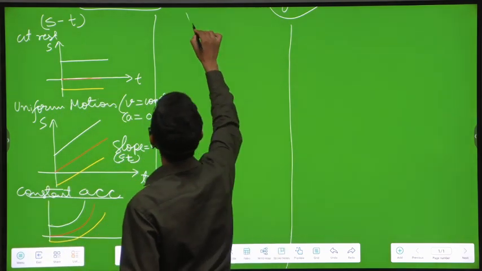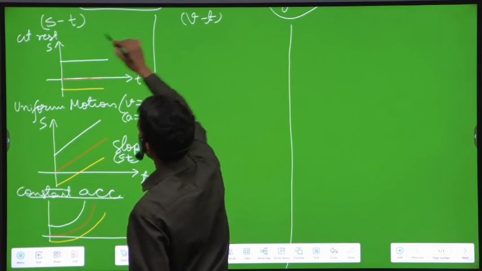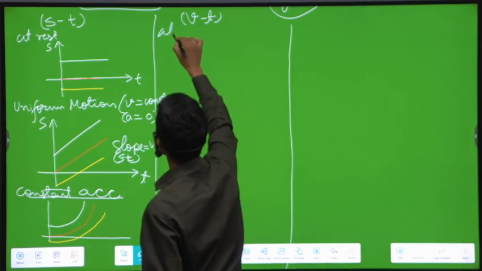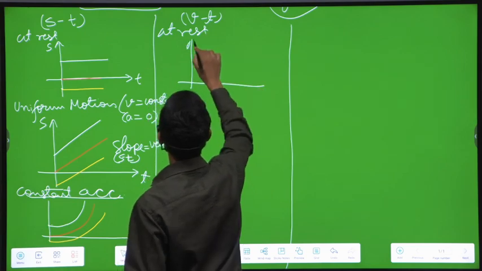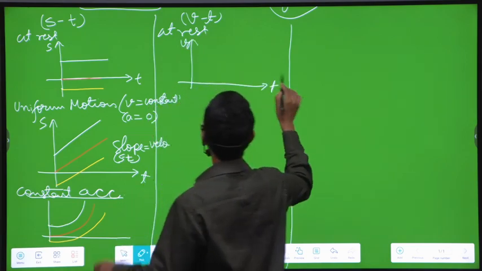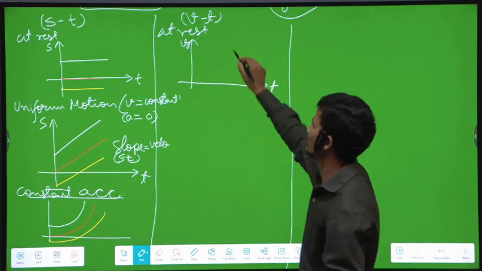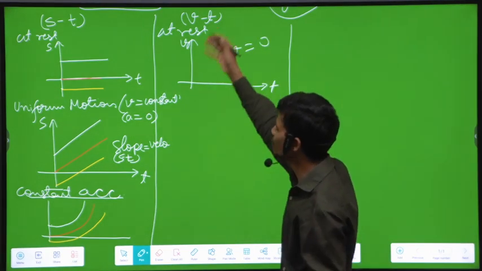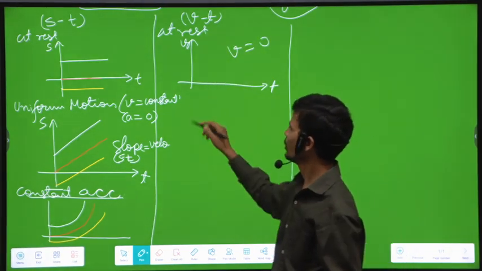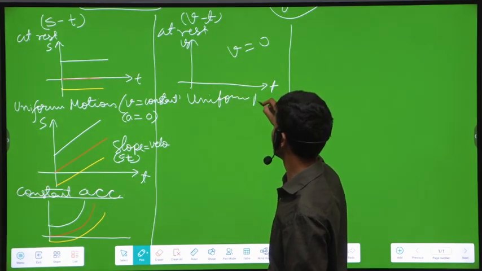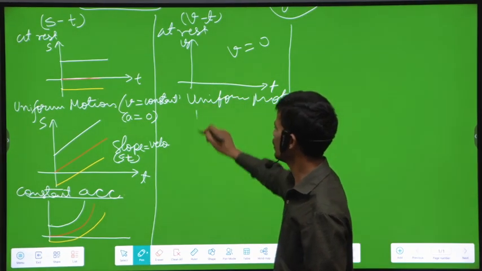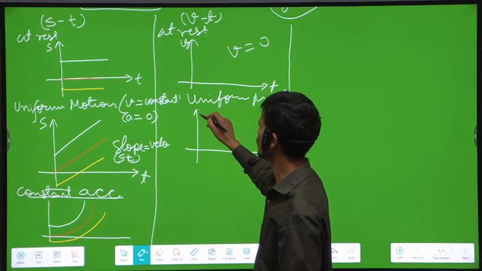Next, there is the VT graph. So for the VT graph at rest, it is an empty graph. There can be nothing because there is no velocity. Velocity is zero. What can we mark here? But if it is in uniform motion, then we can plot something.